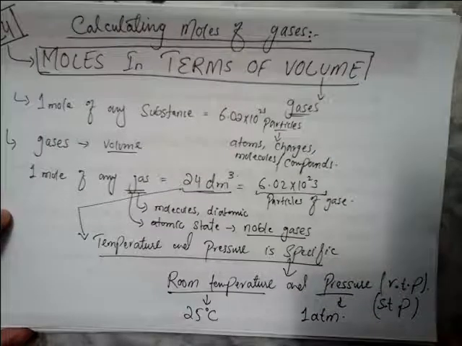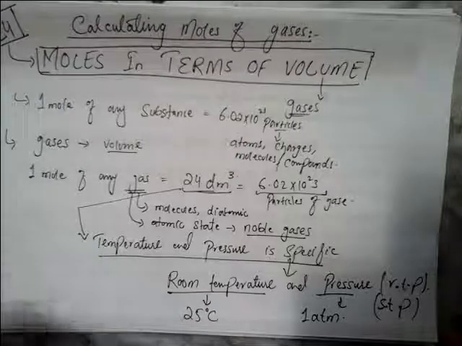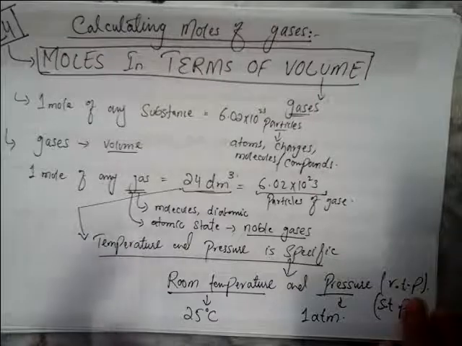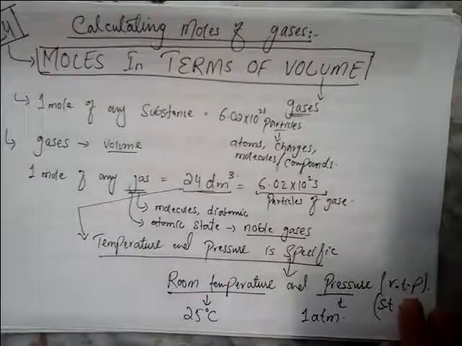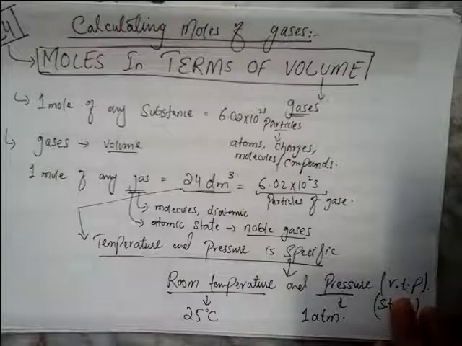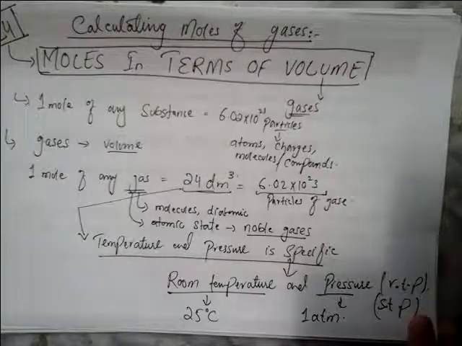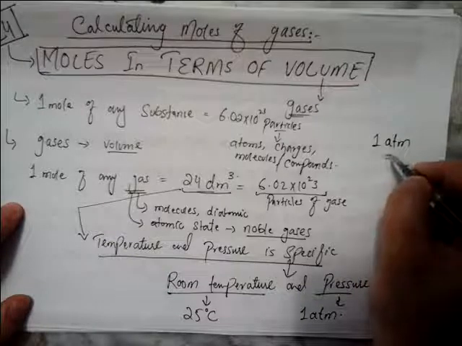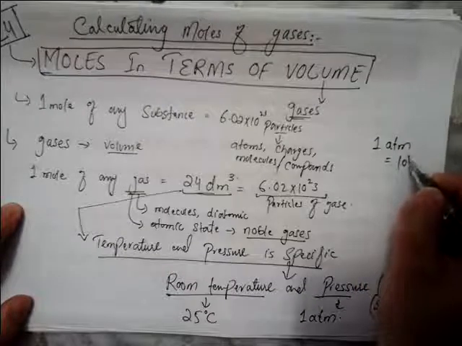So whenever the temperature is 25 degrees centigrade, room temperature, and pressure is 1 atmospheric pressure, 1 atmospheric pressure is the pressure in which we humans, all living organisms, are living, the surrounding pressure that you can feel around you. And keep in mind 1 atm is equal to 10 raised to power 5 Pascal.